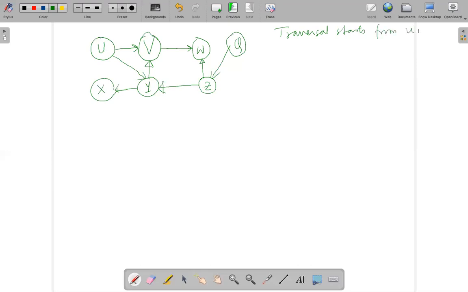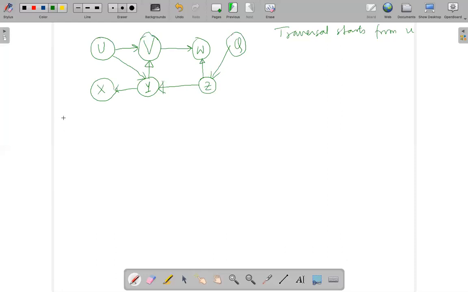U. Okay. So since I do not have a gray color, I will use a blue color to represent the gray color. So please bear with me. So the blue color will actually represent the gray color.